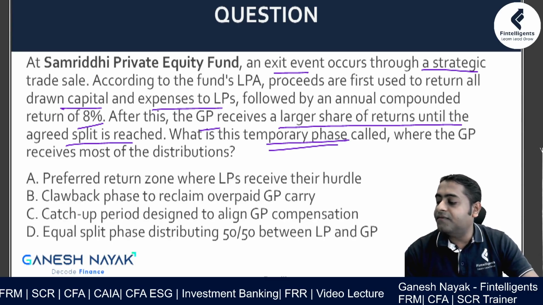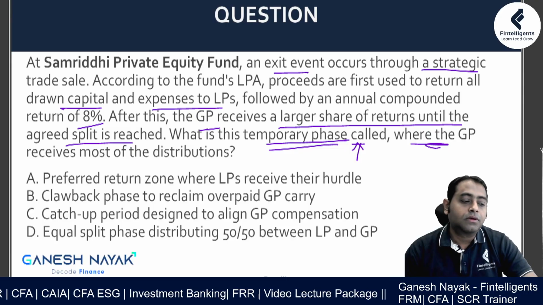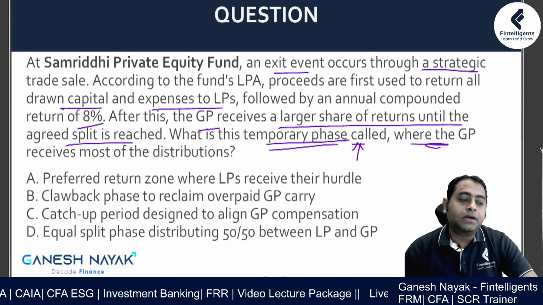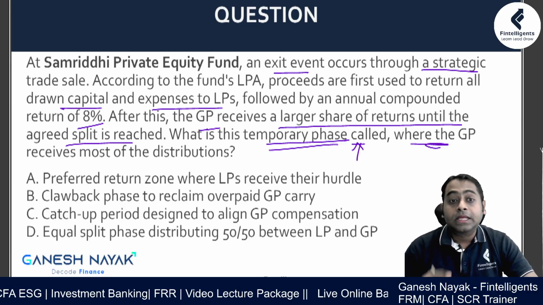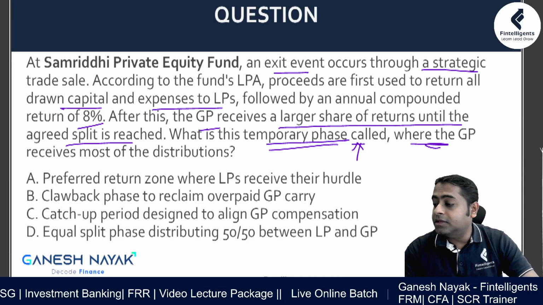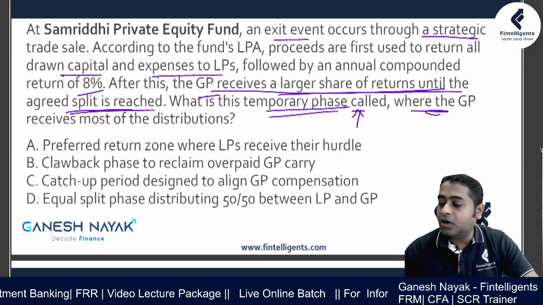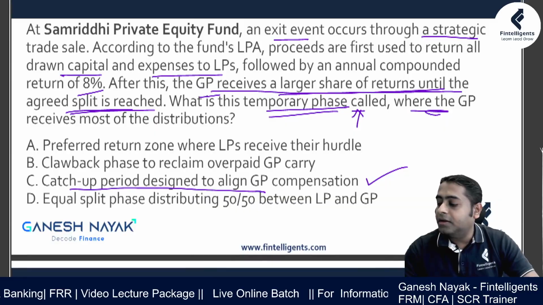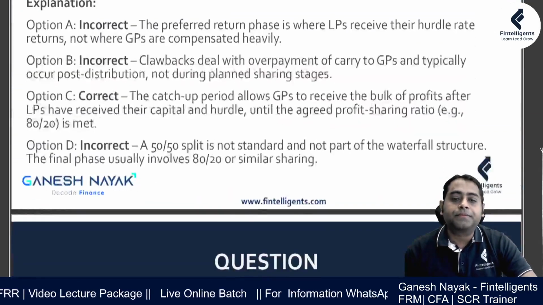What is this temporary phase called? This is easy. We had a specific pointer on specific slides on this. This phase where the GP receives the large share until the agreed split is reached is your catch-up period. Right? This is your catch-up period.